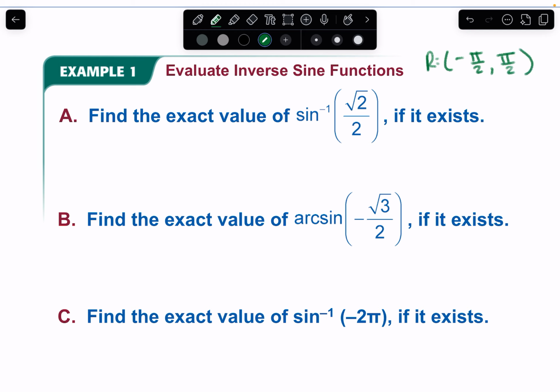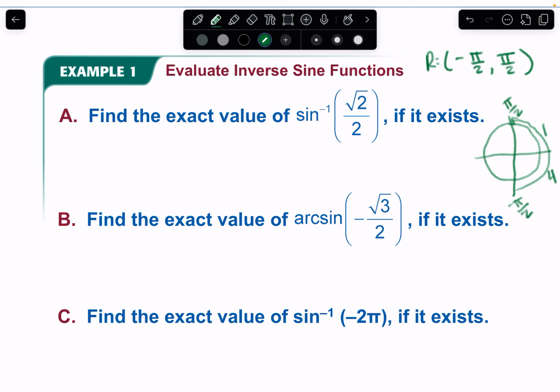So for your unit circle, and I'm not going to draw the entire thing out, I have pi over 2 right here. Negative pi over 2 would be at the bottom. So whenever I'm answering these questions, the only numbers that I can use are going to be between pi over 2 to negative pi over 2. So in quadrant 1 and then quadrant 4.